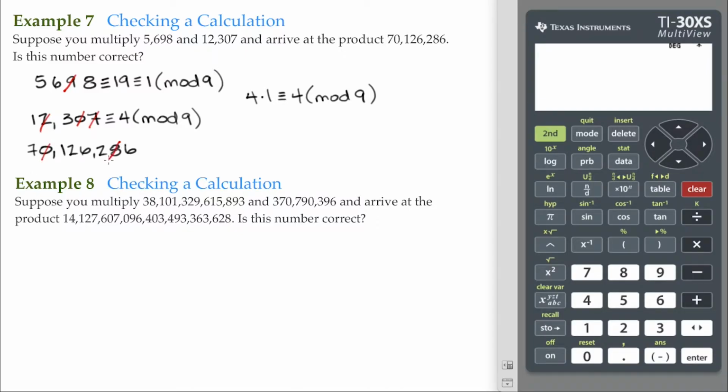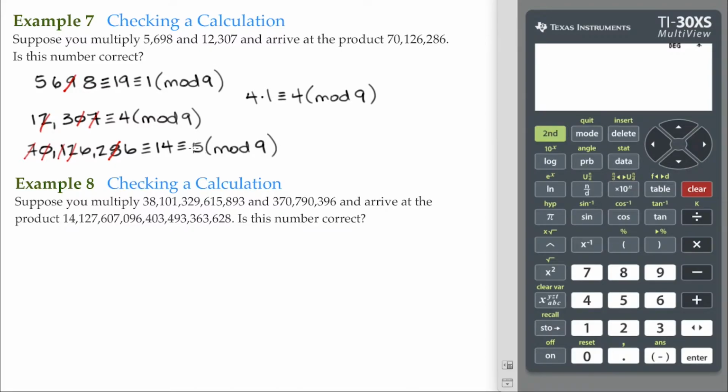I've got an 8 and a 1. That's a 9. I've got a 7 and a 2. That's 9. I've got 6, 7, 8, and 6 more. That's 14. So that's congruent to 14. And 14 is congruent to 5 mod 9.